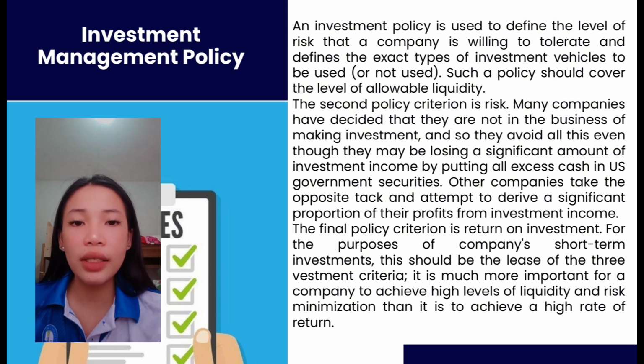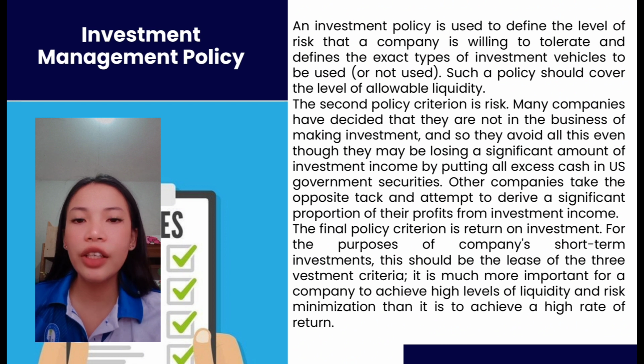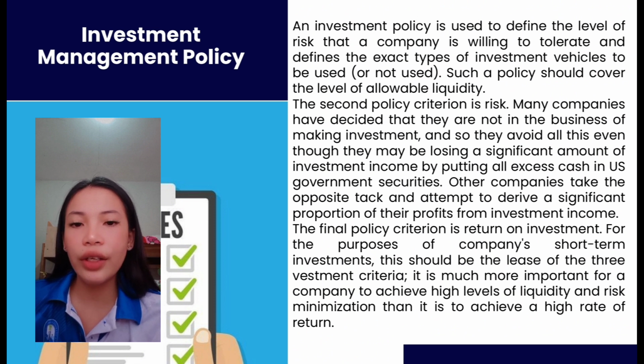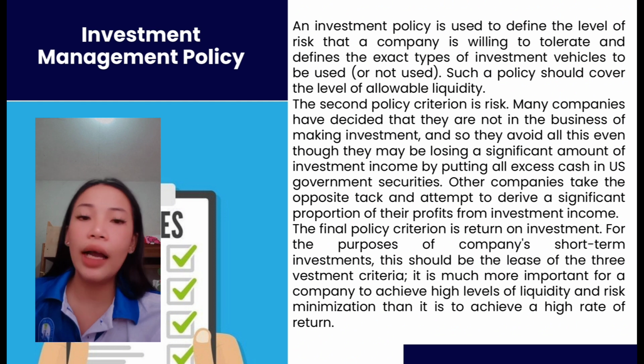A second policy criterion is risk. It is about how much risk a company is willing to take with its money. Some companies prefer to avoid risk altogether, putting their extra money into safe investments like U.S. government securities, even if it's earning less. On the other hand, some companies actively seek to make a good portion of their profits from investment.